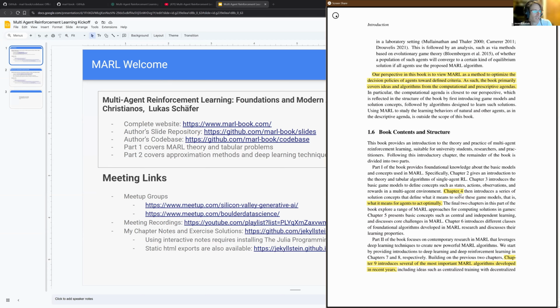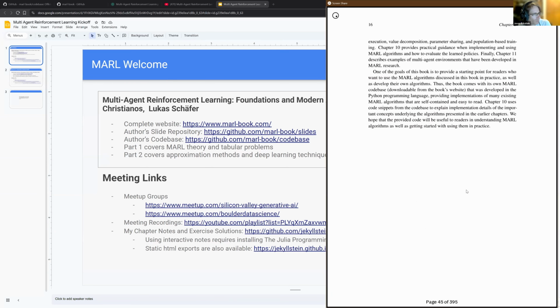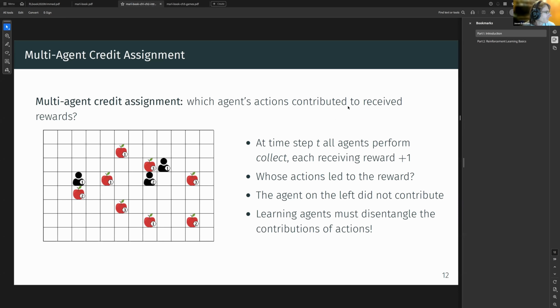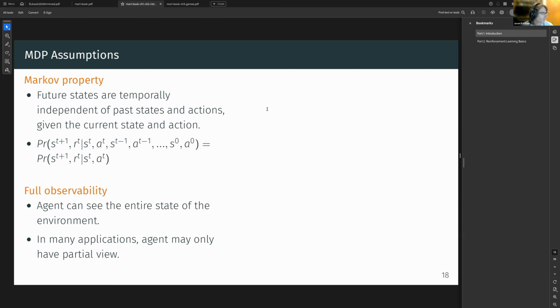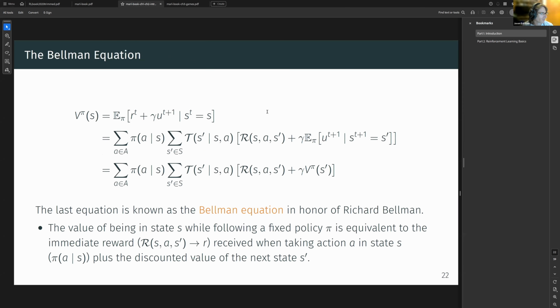But we'll definitely spend a lot more time on chapter 4, which will be the big one, with a lot of the foundational game theory information that we'll need before moving on. Okay, so that pretty much covers chapter 1. And again, chapter 2 and the remainder of these slides cover information from basic reinforcement learning.